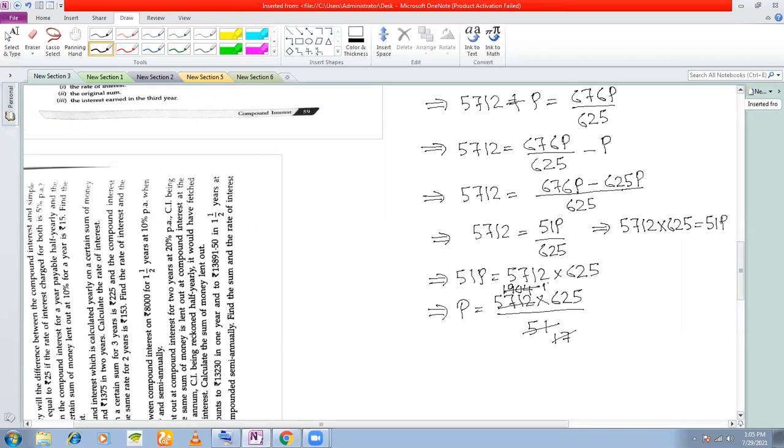Here it will cancel 112 times. So ultimately you are getting 112 into 625, which, if you multiply, you will get 70,000. So that is how you calculate this. Any question here? No, sir.